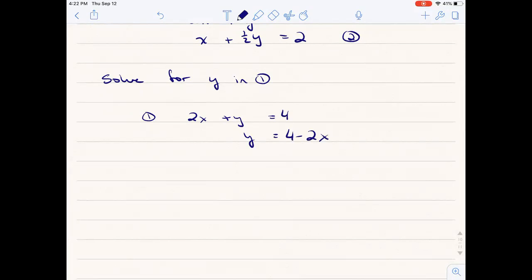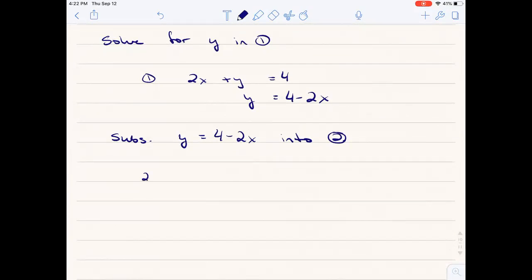Now I'm going to substitute y equals 4 minus 2x into equation 2. Can't put it back into 1 because I'll just get back to where I started. Has to go into the other equation.